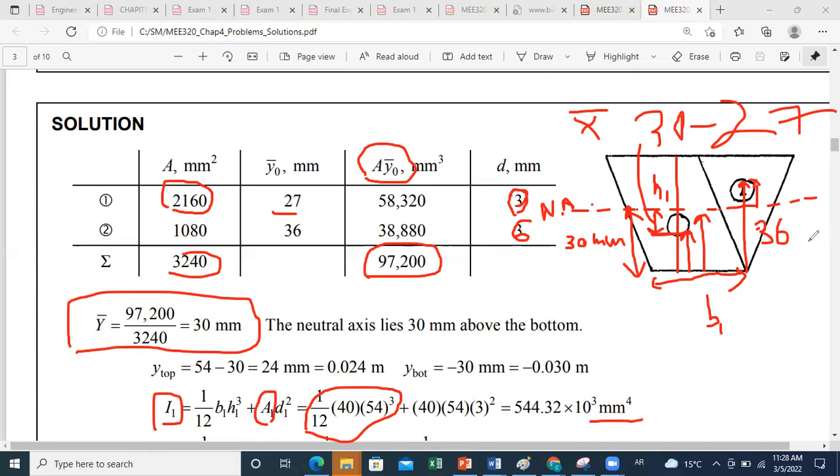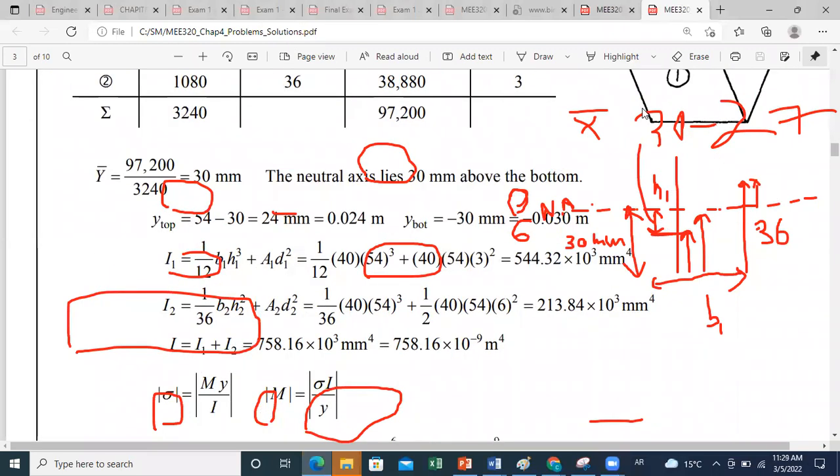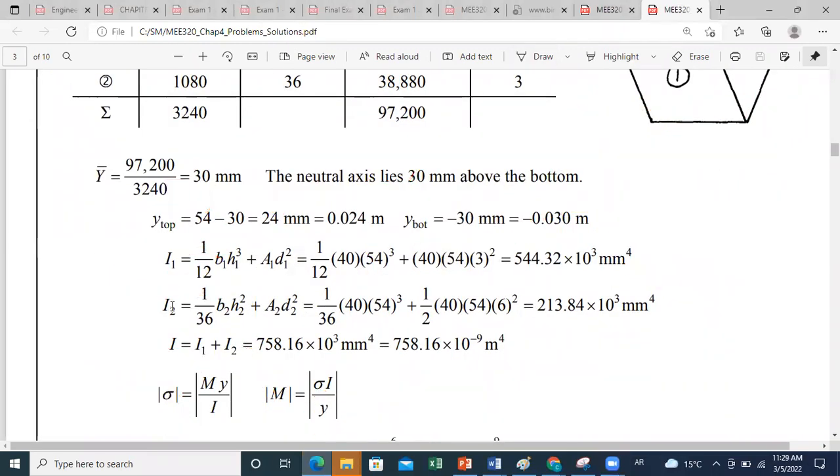Now, for the triangle, also same procedure, but you should use the formula that is for a triangle. For the inertia about an axis passing by its centroid is, instead of 1/12, it's 1/36 B2 times H2 cube. Okay, so this is a triangle.